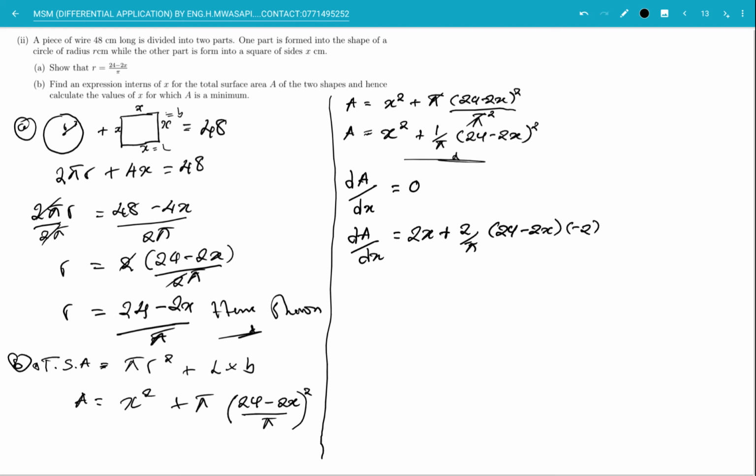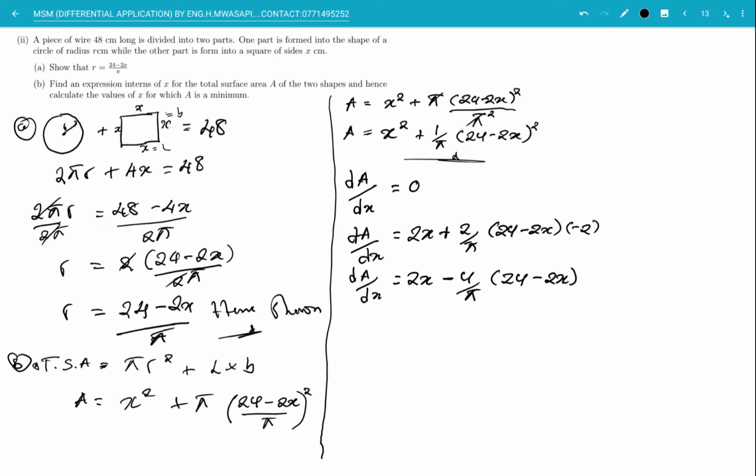Therefore dA/dx is going to be equal to 2x minus 4 over pi of (24 minus 2x). That is the derivative of the area function.